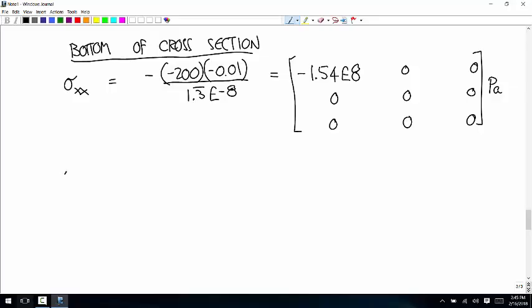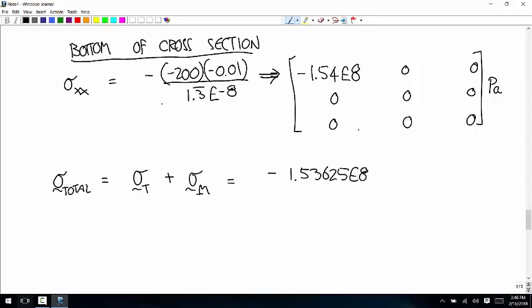And so the total stress tensor we get from adding up the one for tension and the one for the bending moment. And that's negative 1.537 0.625.